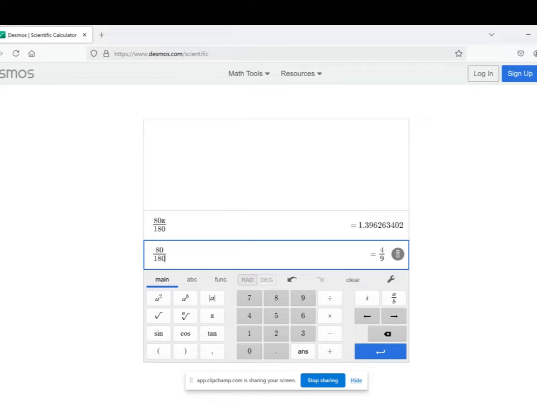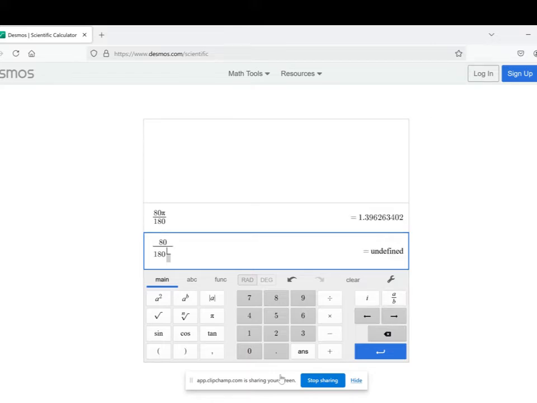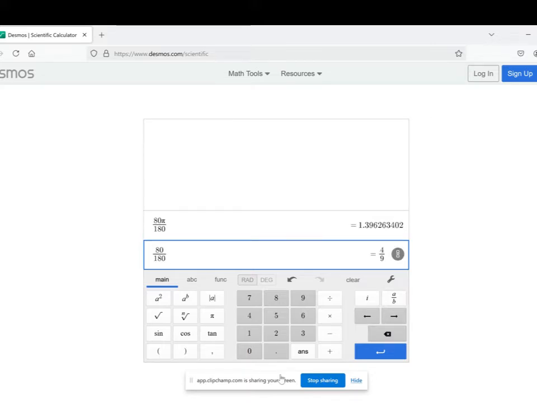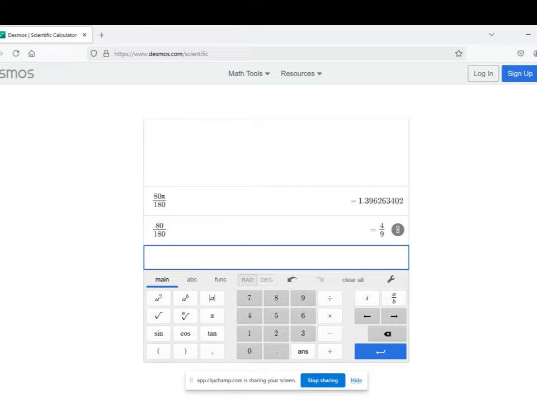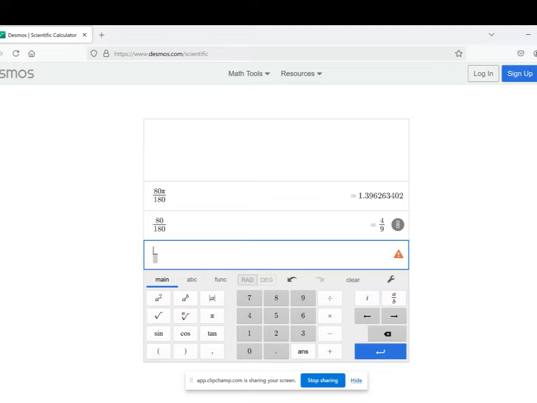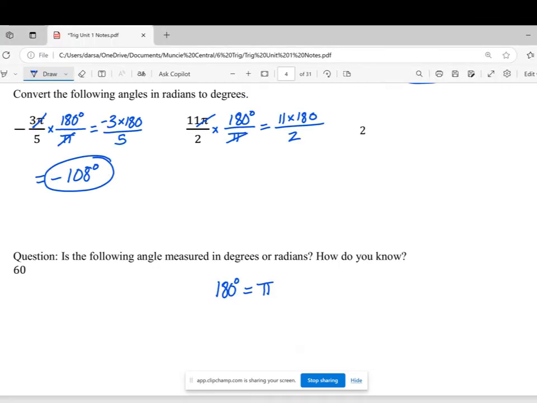Let's use the Desmos calculator this time. So we're going to enter 11 times 180 over 2.